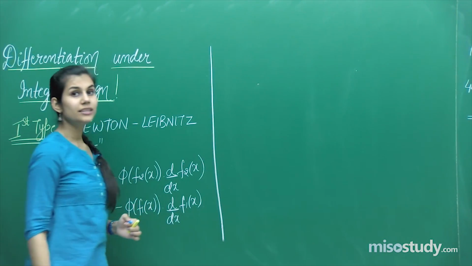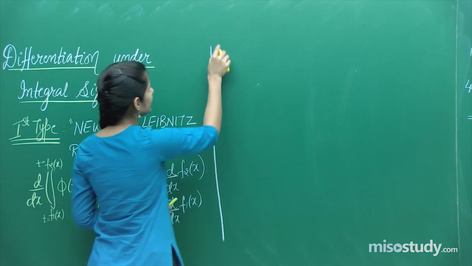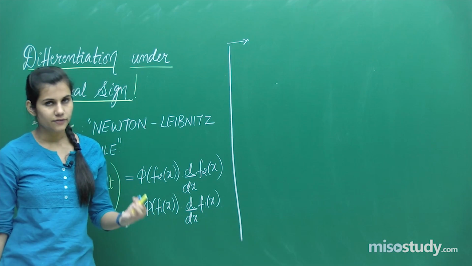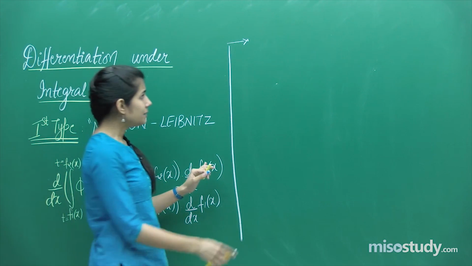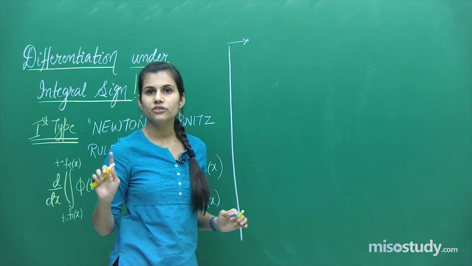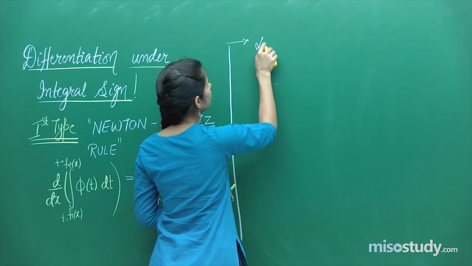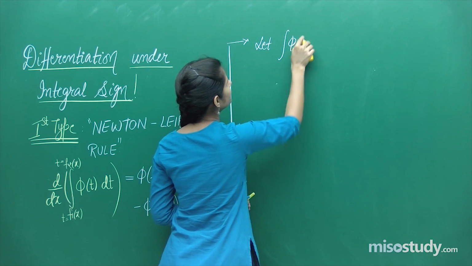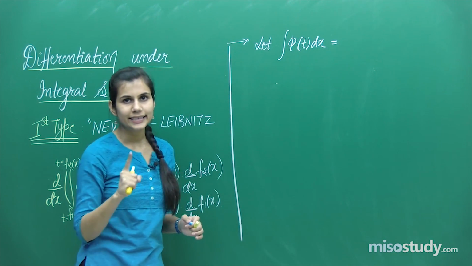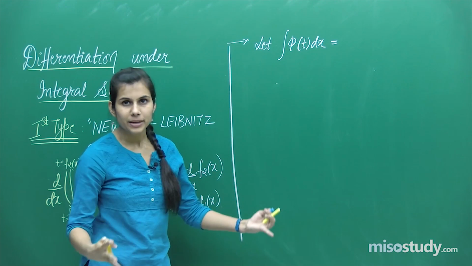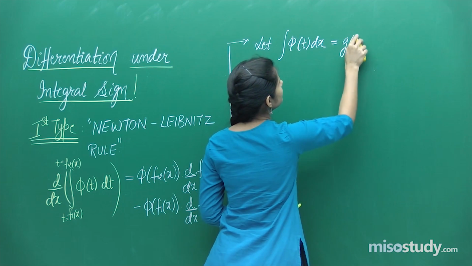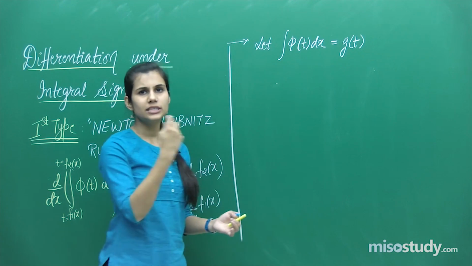So, if I talk about how this actually came, let me begin with that approach as well, because sometimes a proof gives us a beautiful insight about the very properties which we are studying. So, phi t is my function whose integration I am interested in. So, let the integral of this phi t dt, I am over here talking about just one antiderivative, not the entire family of antiderivatives. So, the indefinite integral of phi t dt, I am saying, suppose it is g t.